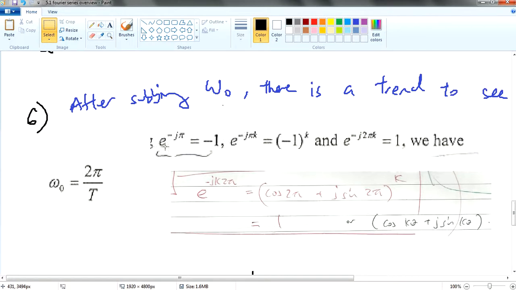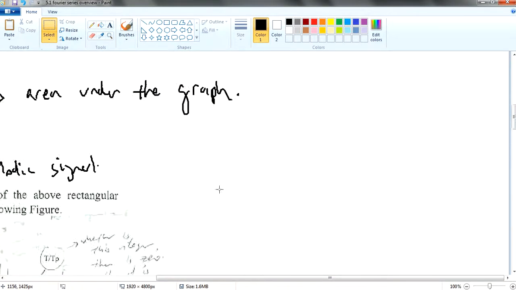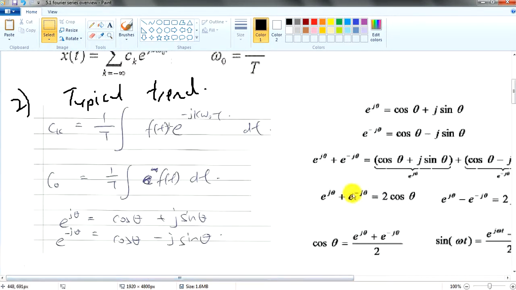To determine this, one method is, after you sub in the omega, take a close look at the equation itself. It's e to the minus jk omega t.